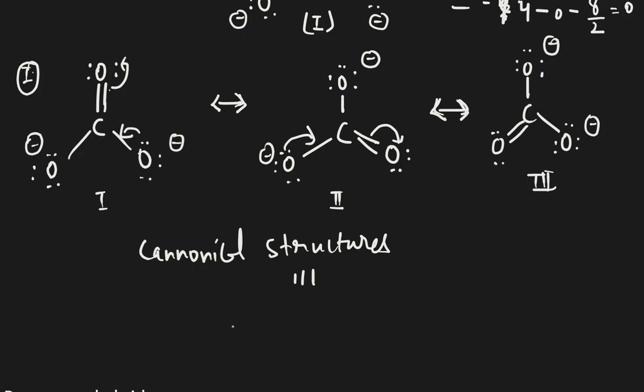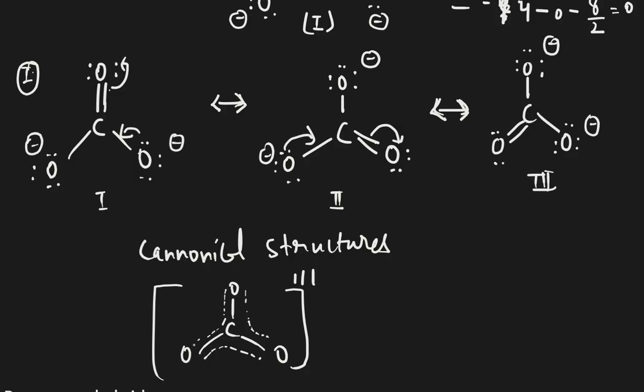We have carbon, oxygen, oxygen, oxygen, and the double bond actually appears like this, dotted, and the negative 2 charge is not residing on one single oxygen or the other oxygen, rather it is residing on the complete molecule, and this is how we represent the actual structure of the carbonate ion. This is called hybrid structure.